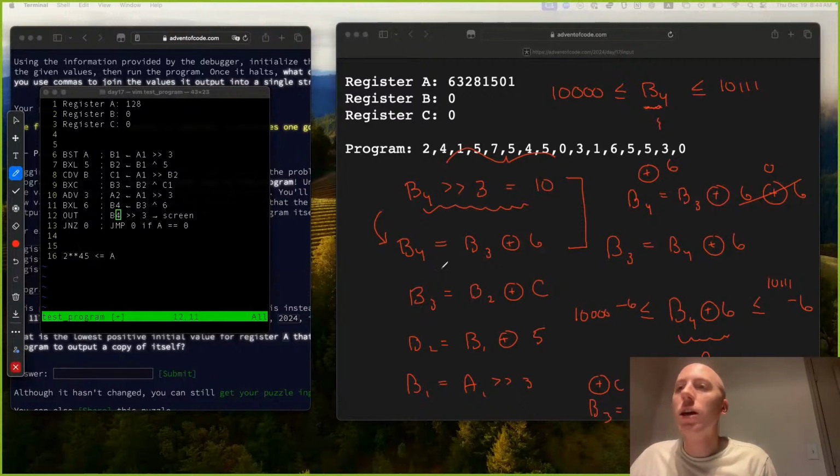So we know that B3 is in this range, but then if you do B3 plus C, I'm running out of room to write over here. We could get rid of this.